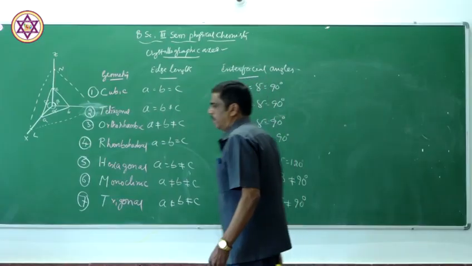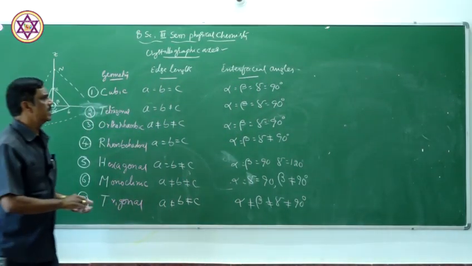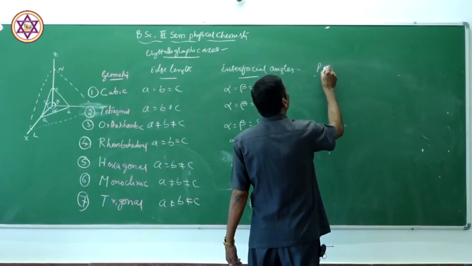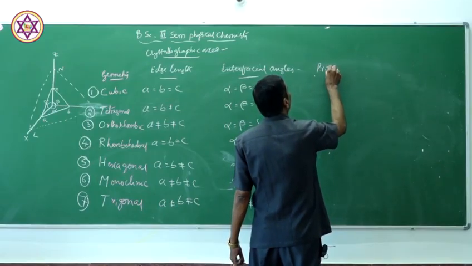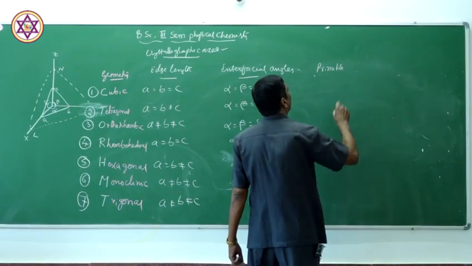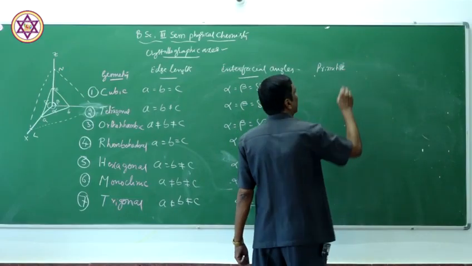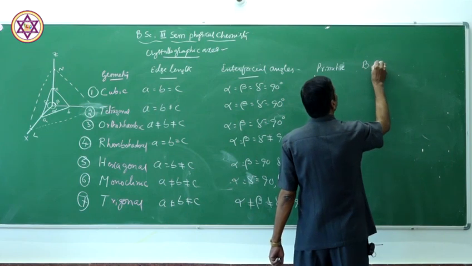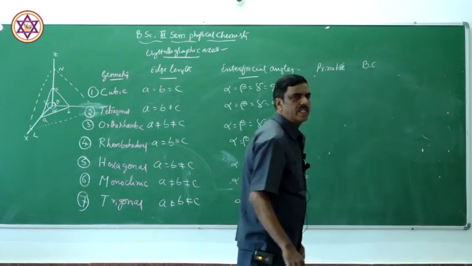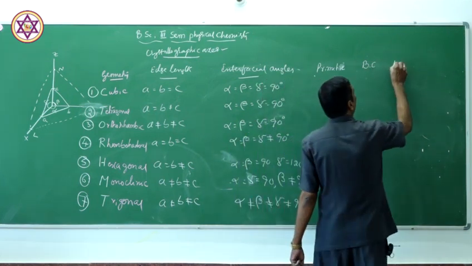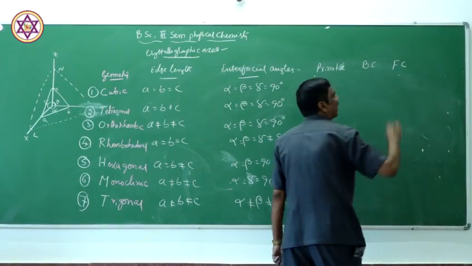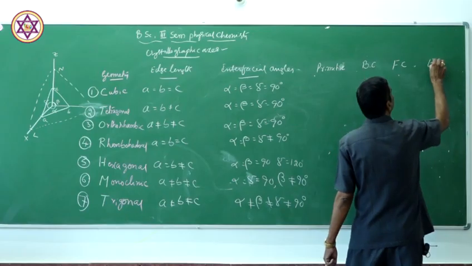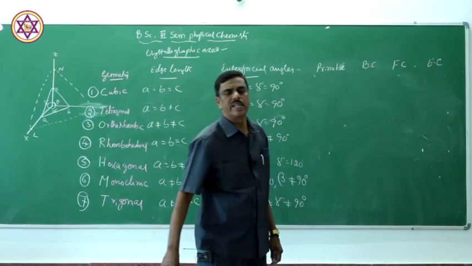The Bravais lattices are simple or primitive lattice, body centered lattice, face centered lattice, and edge centered lattice.